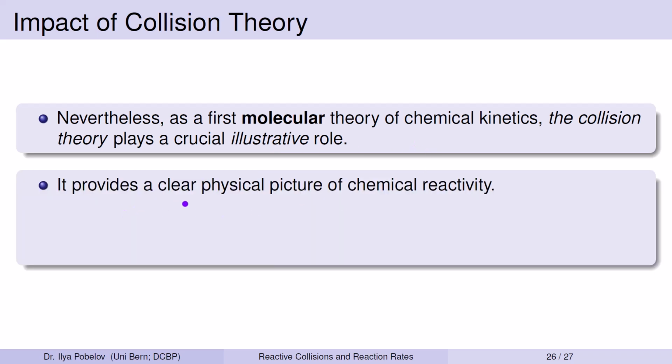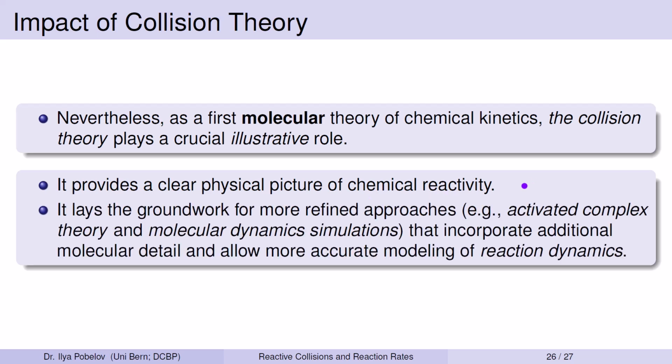It provides a clear physical picture of chemical reactivity and lays the groundwork for more refined approaches, such as activated complex theory and molecular dynamics simulations that incorporate additional molecular detail and allow for more accurate modeling of reaction dynamics.